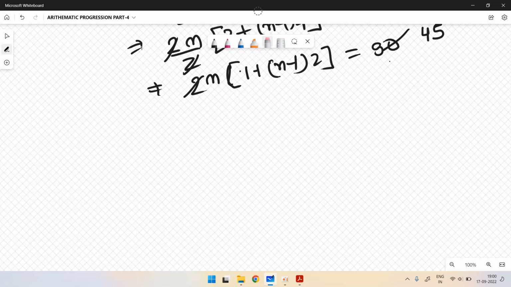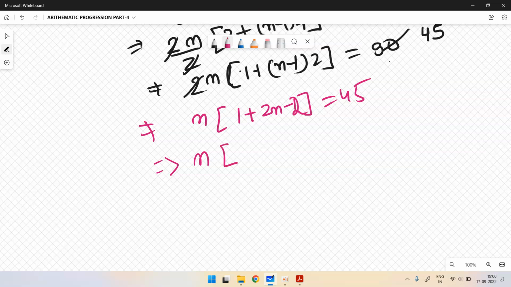Now from here, this is nothing but n into 1 plus 2n minus 1 equal to 45, which implies that 2n minus 1 times n is 45, which implies that 2n square minus n minus 45 equals 0.